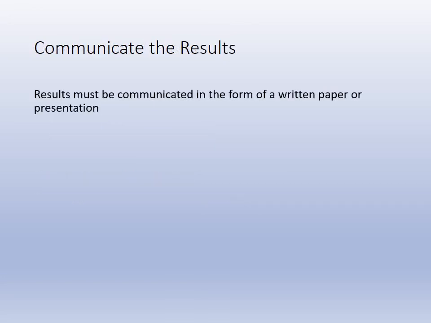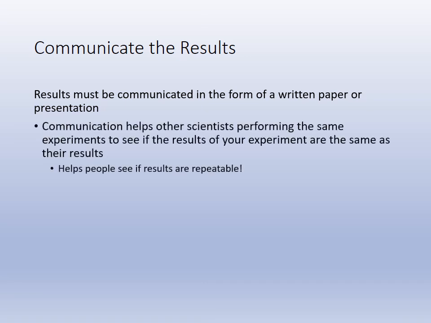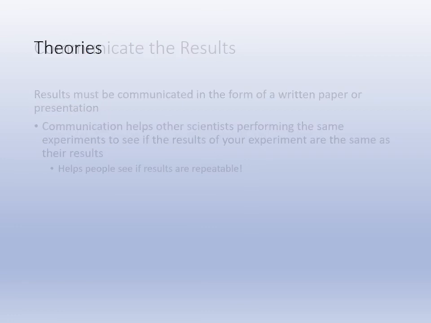Lastly, results are communicated. Science uses peer-reviewed papers. And then it helps spread knowledge, and people see if the results are repeatable or not, because repeatable is an important process.